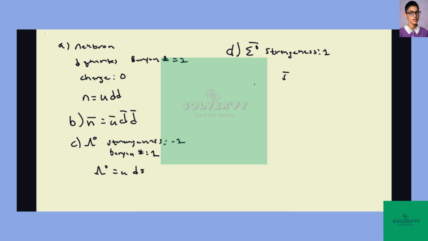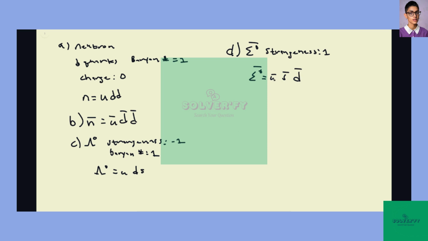So it's basically, again, going to be the antiparticle of this. So the antisigma neutral is equal to an anti-up, an anti-strange, and an anti-down.